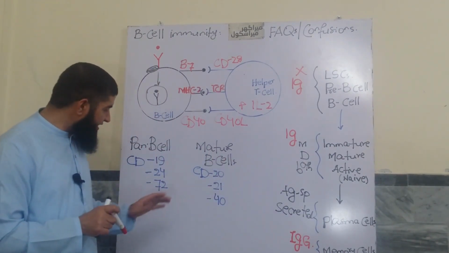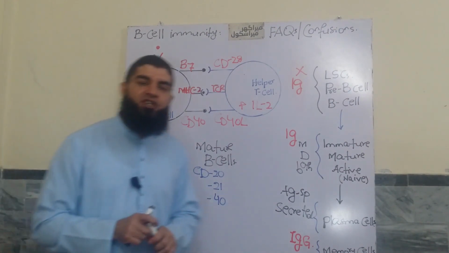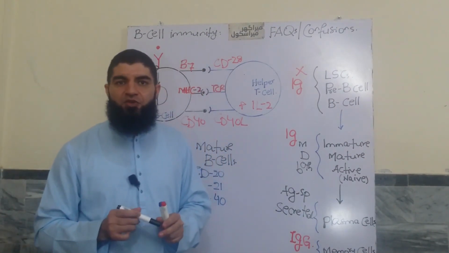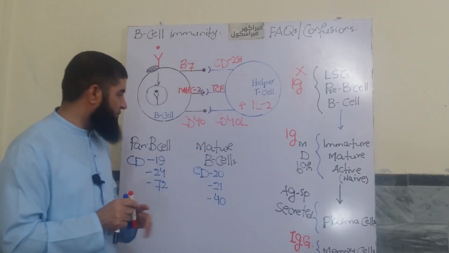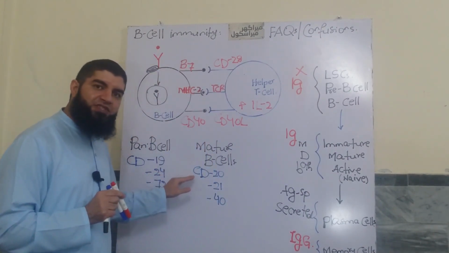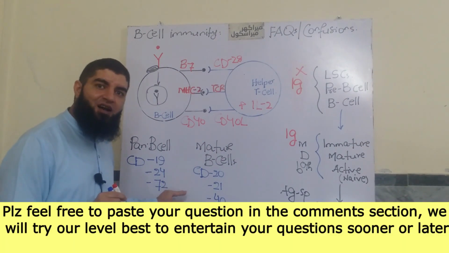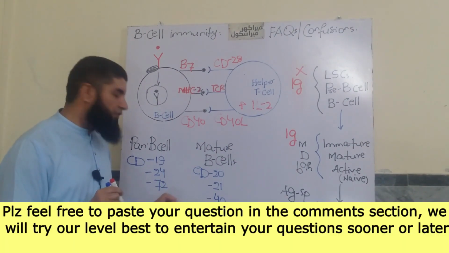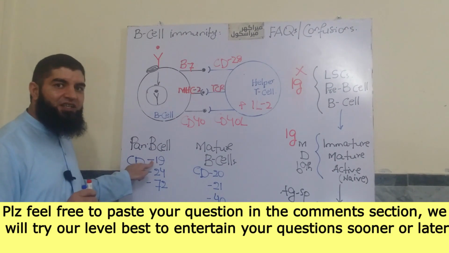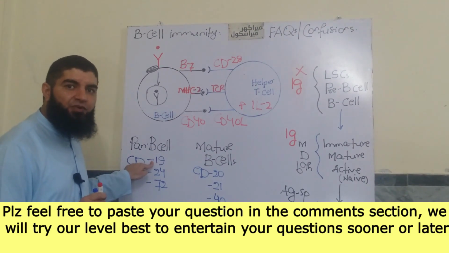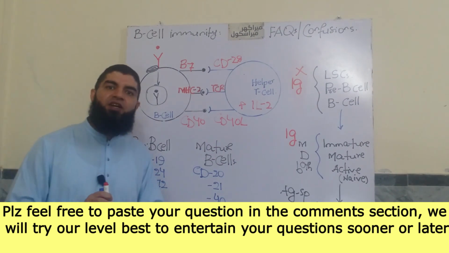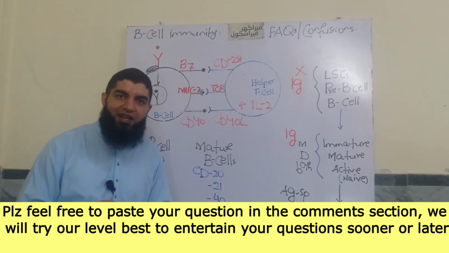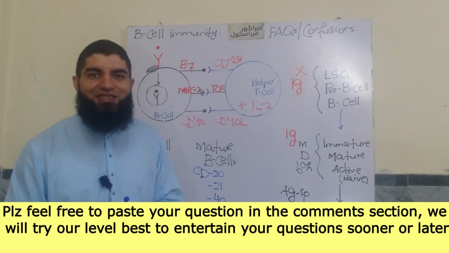Now I'm talking about these surface markers just to be able to answer one of my students' questions. Bahish Rahat, if you're listening to me, these surface markers are not just limited to B cells. For example, CD19 is expressed on many of the follicular dendritic cells as well. Similarly, CD24 is expressed on granulocytes and many of the epithelial cells in the body.